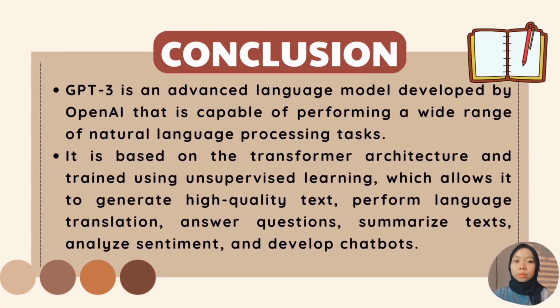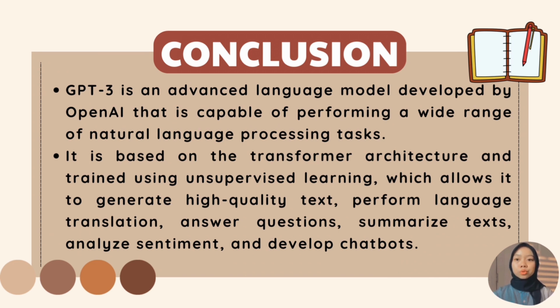Now, we're moving to the conclusion, which is the last part. GPT-3 is an advanced language model developed by OpenAI that is capable of performing a wide range of natural language processing tasks. It is based on the transformer architecture and trained using unsupervised learning, which allows it to generate high-quality text, perform language translation, answer questions, summarize text, analyze sentiment, and develop chatbots.